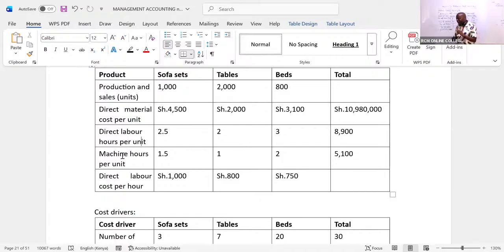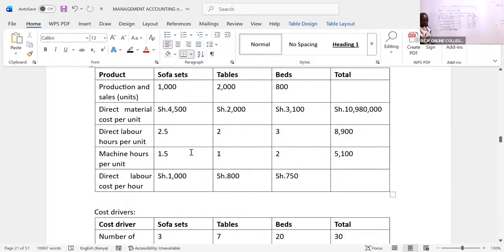So whenever you hear per unit, always know that they want you to multiply the numbers given there with the volumes. So they give me the total machine hours. The first one will be 1.5. Are you able to see so far? It's 1.5 machine hours, but because that is for 1 unit, times what here, somebody? 1,000.